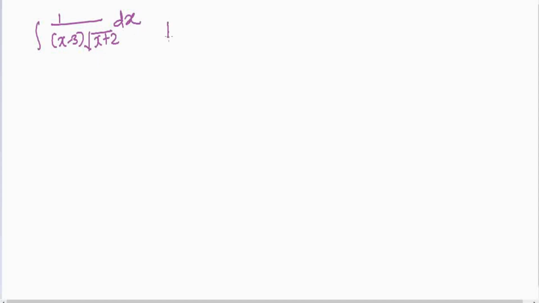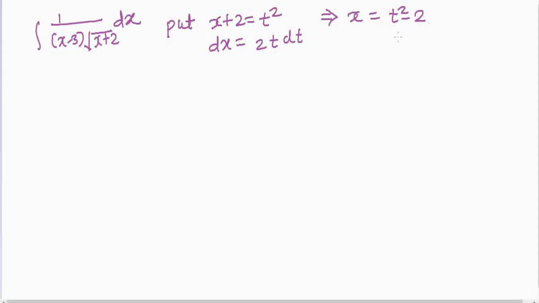This is our substitution. So put x plus 2 equal to t square, right? Then we get dx equal to 2t into dt. Now from this find the value of x, and that will be t square minus 2. Then substitute this value in this integration.